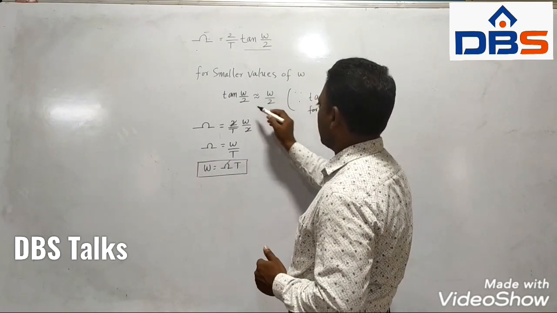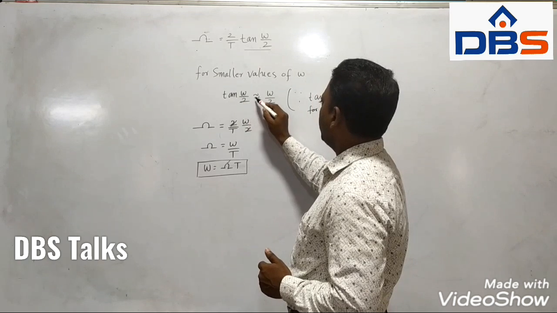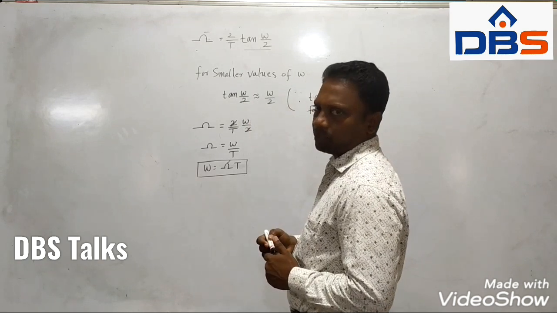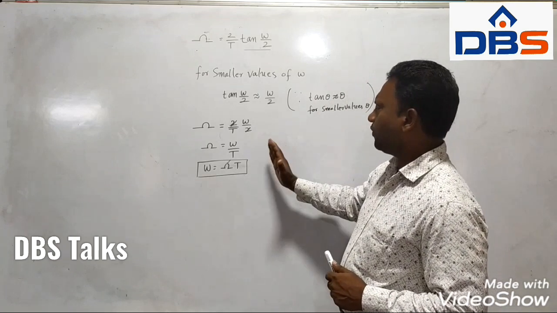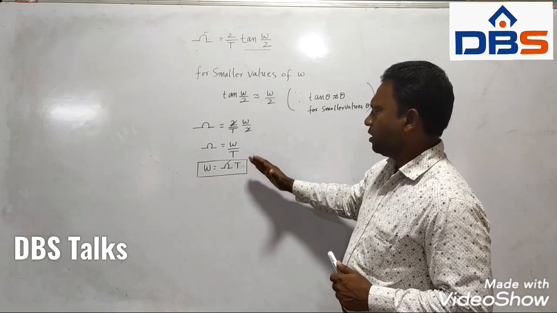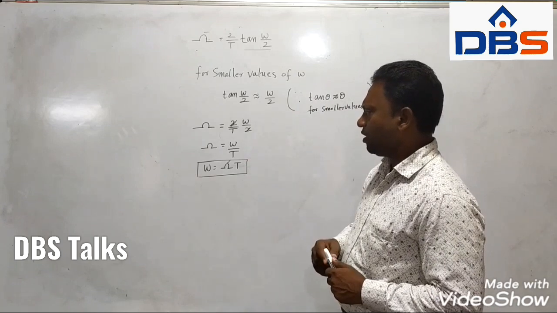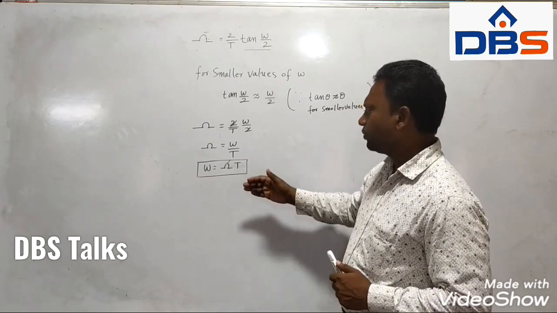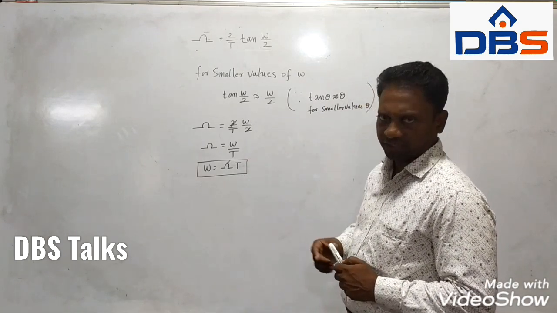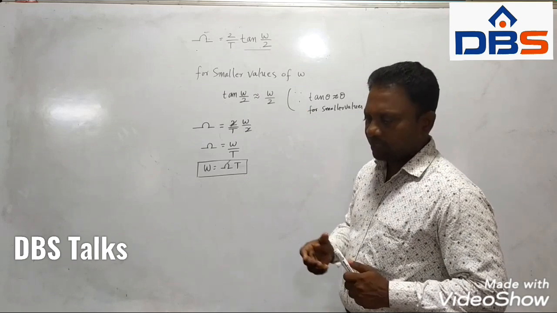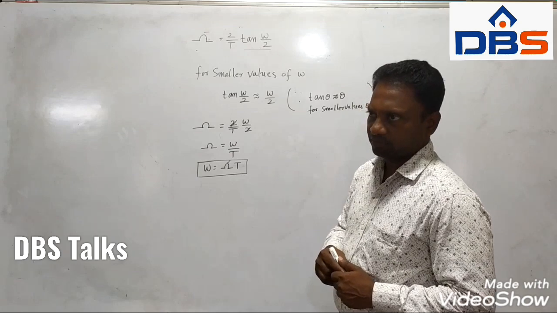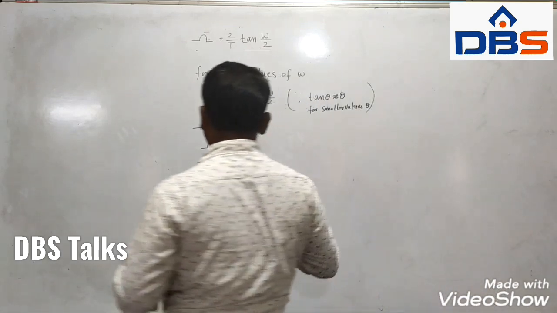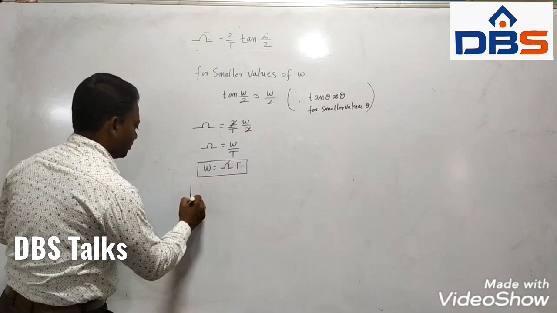But what we have assumed is tan omega by 2 is approximately equal to omega by 2, so that holds only for smaller values. And for higher values of omega you get a non-linear region. Okay, that effect is called the wrapping effect. Okay, that is important.